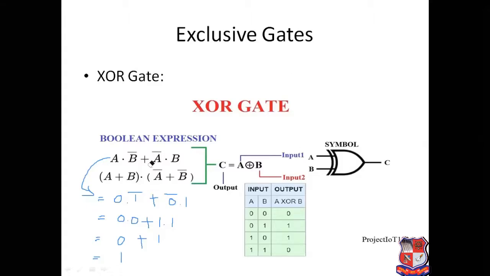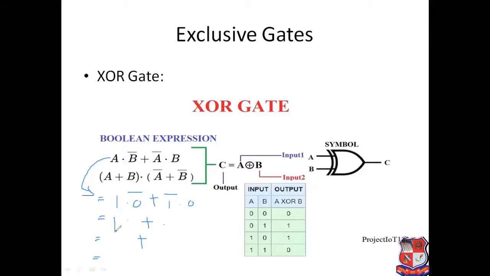Same we will check for 1 0. So if my value A is 1 and value B is 0, so here 1 and 0.